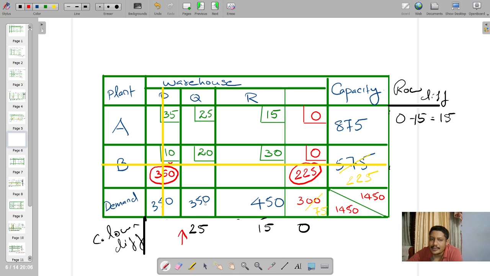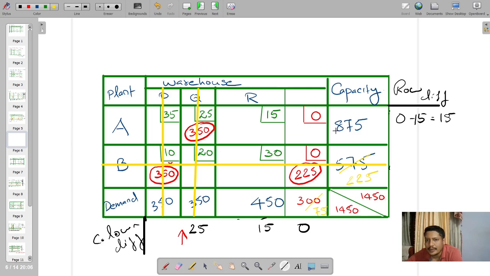The condition is 350 over there. So allocate that 350 over here. Allocate the 350. So the second column will also get eliminated right now. The column will get eliminated.